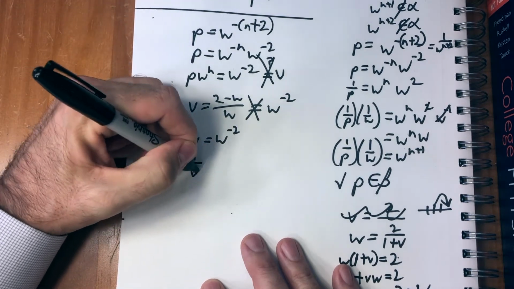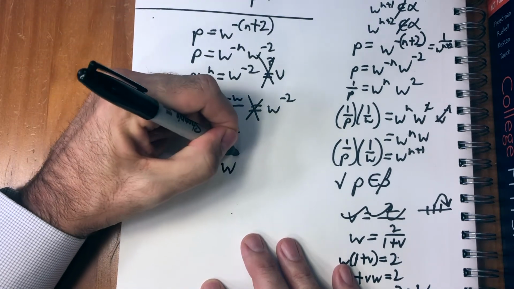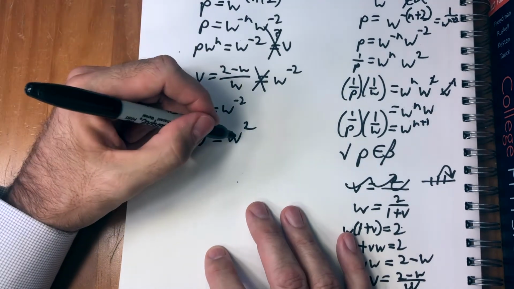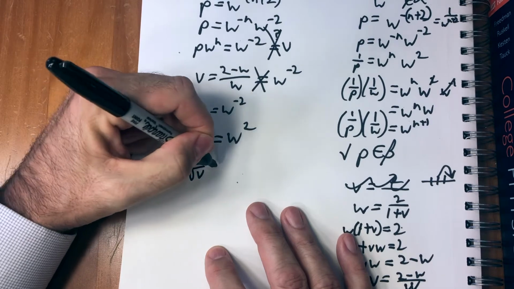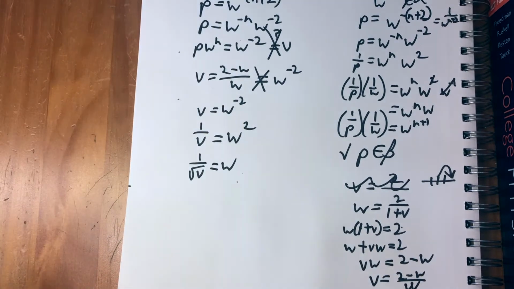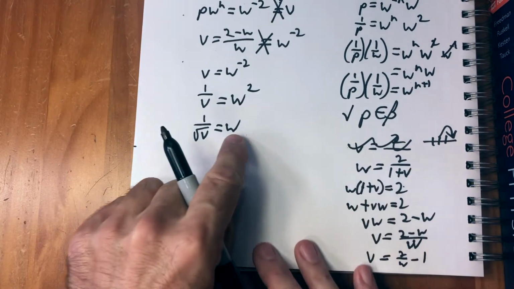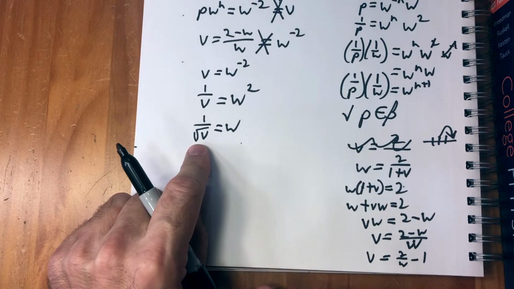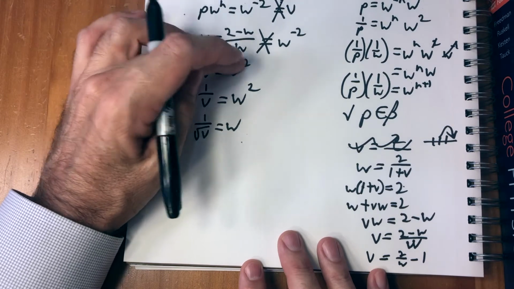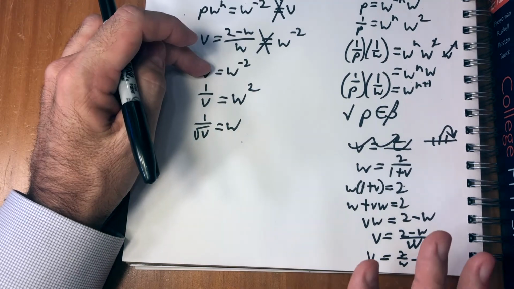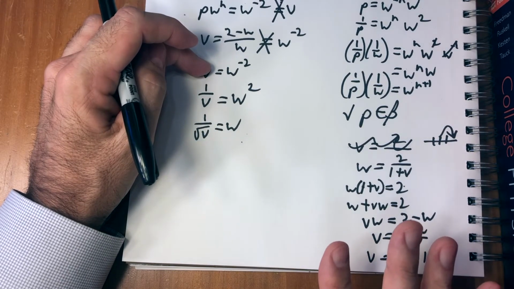So we have 1 over v equals w squared. And then you take the square root of both sides, and we have 1 over square root of v equals w. Now, I just want to show you that if w equals the square root of v, then v equals w to the minus 2.